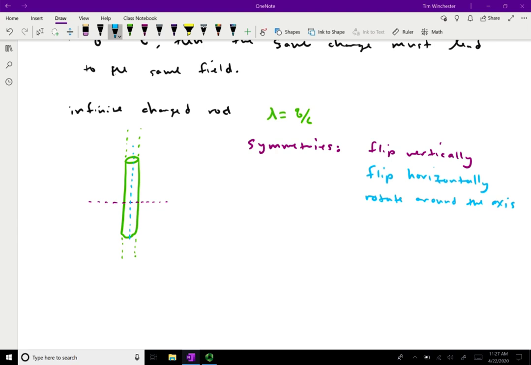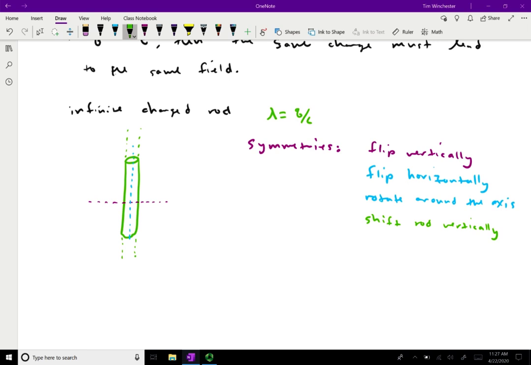Okay, finally, and this one is a little more subtle, I also could shift the rod vertically. And the only reason that that one is a symmetry is because the rod is infinitely long. So if I shift it upwards, like a meter, well, it still looks exactly the same because it extends infinitely far in both directions. Okay.